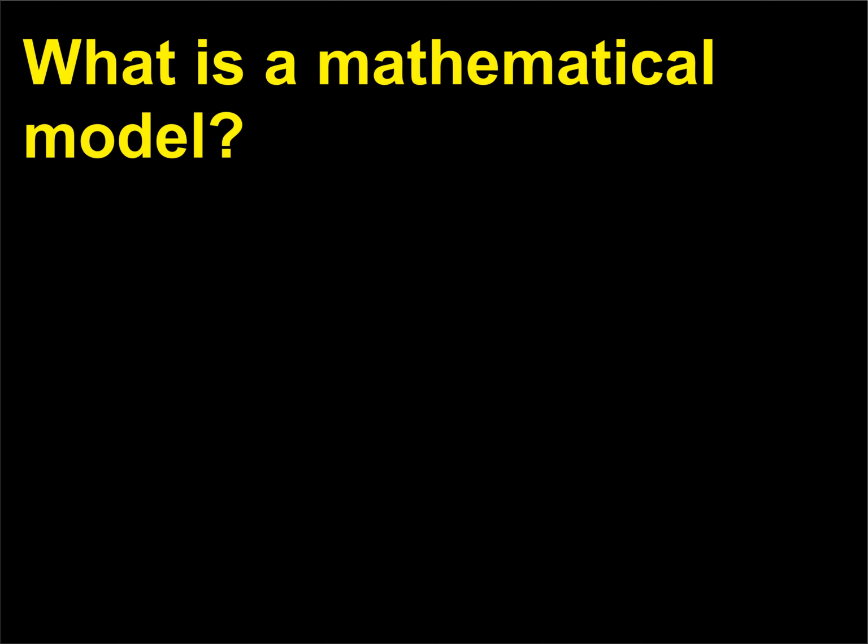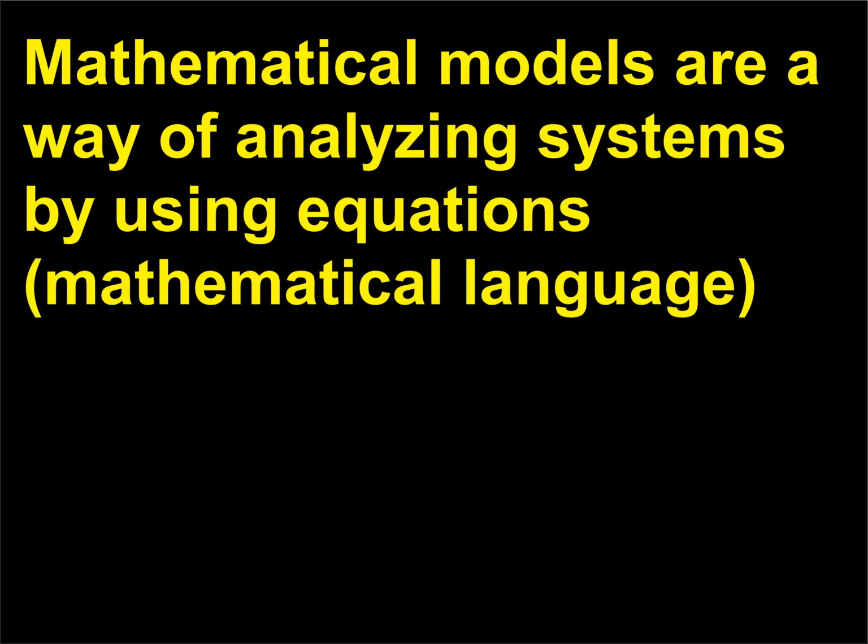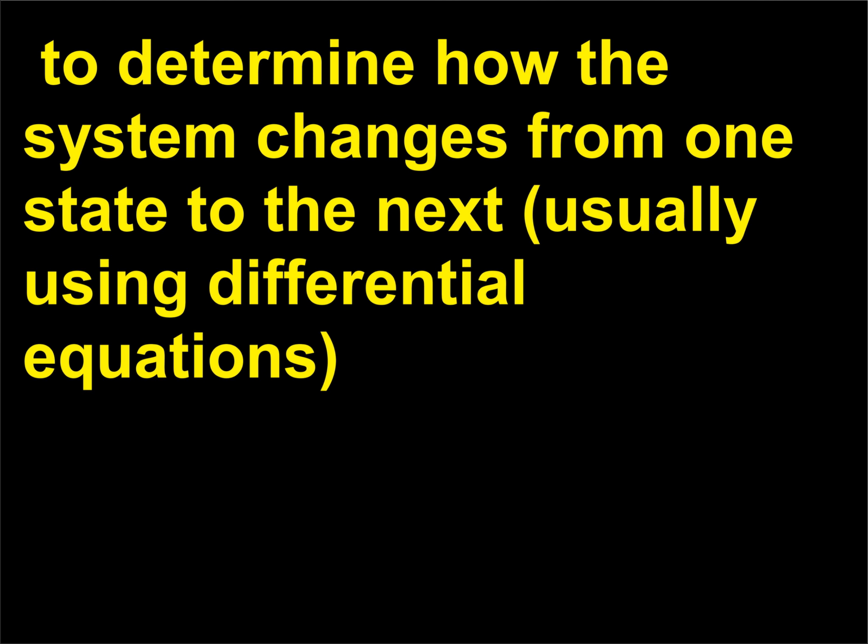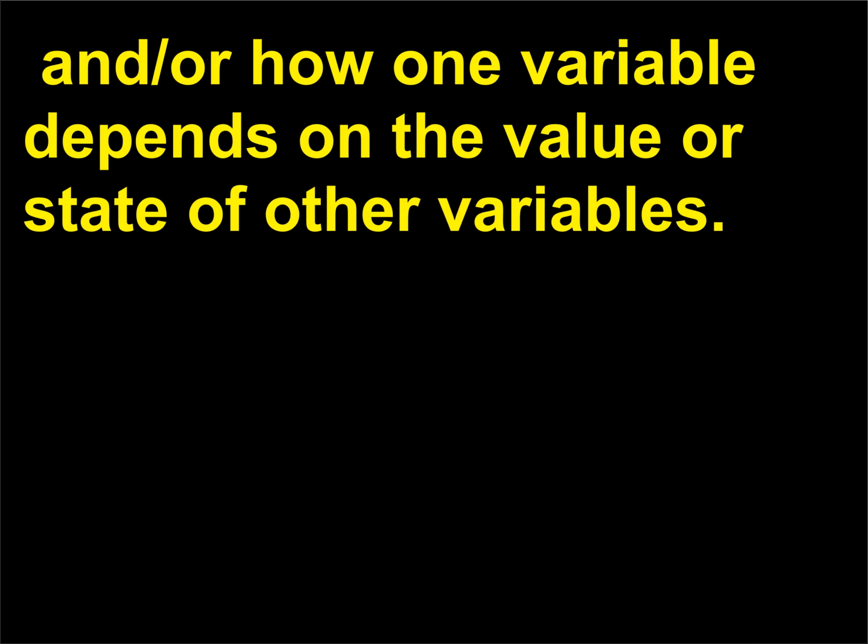What is a mathematical model? Mathematical models are a way of analyzing systems by using equations, mathematical language, to determine how the system changes from one state to the next, usually using differential equations, and or how one variable depends on the value or state of other variables.